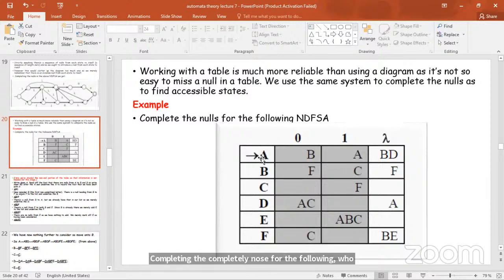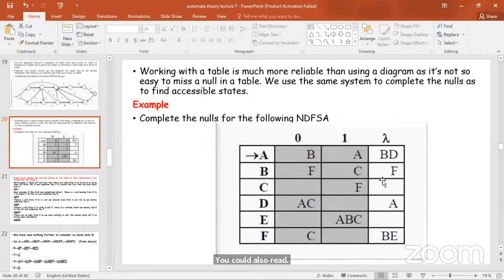Now you are at state A, you get a 0, you go to B, you get a 1, you go to A, so you are still at A. You could also read lambda and go to B. You could read an empty set and go to D. I'm sure you should be able to draw the diagram for this NFA. So, assignment: draw the state diagram for the NFA shown in the figure on the screen.